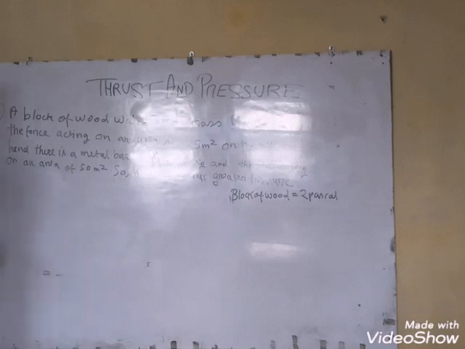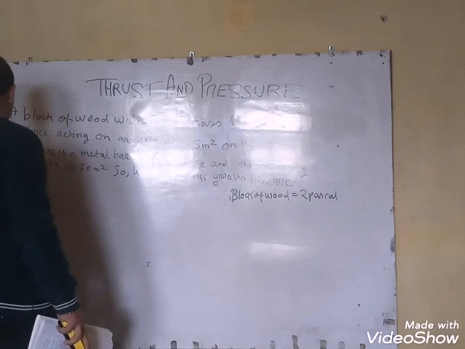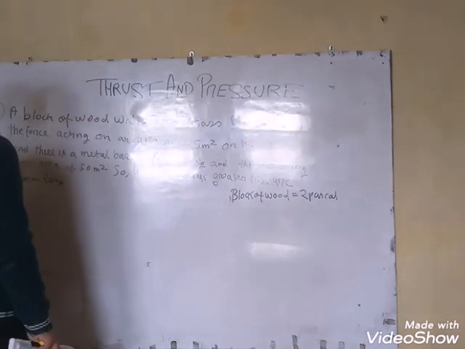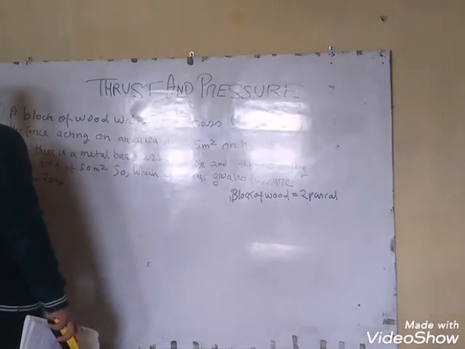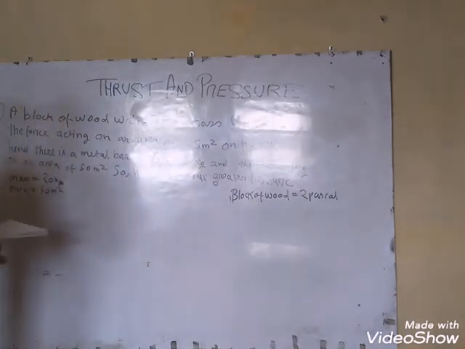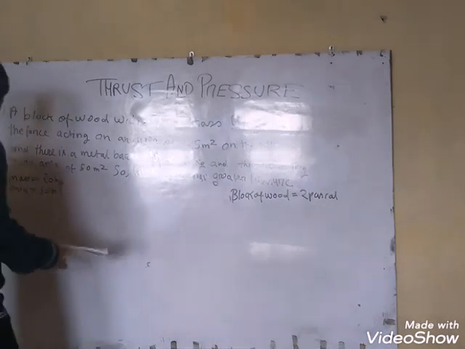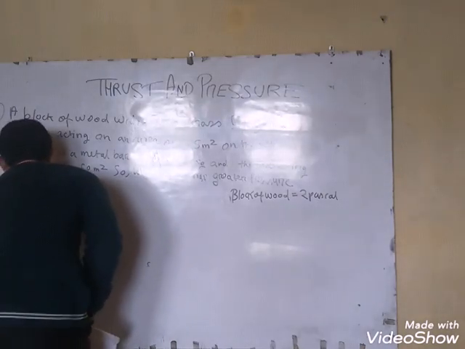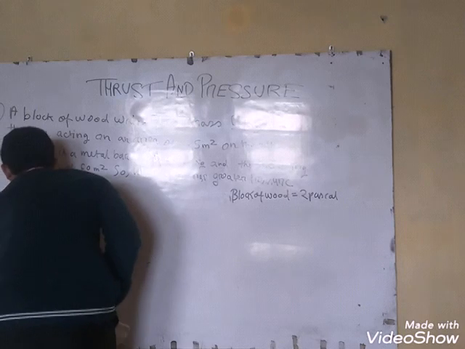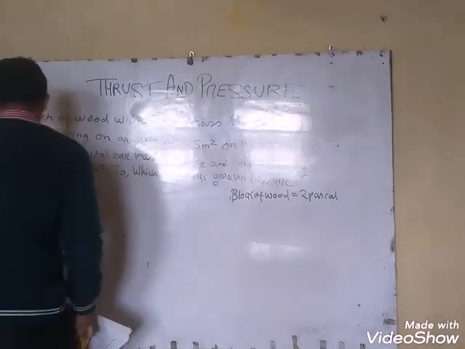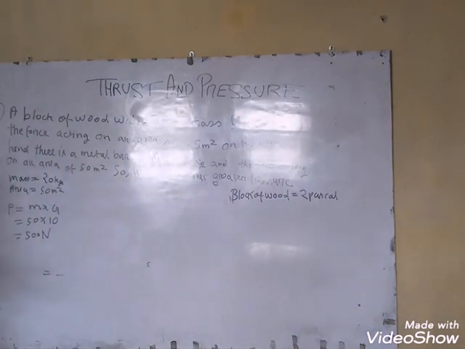So let's find out the pressure of the metal bar. Here the mass is 20 kg and area is 50 meter square. So we have to find the force. Here its force is 500 Newton.